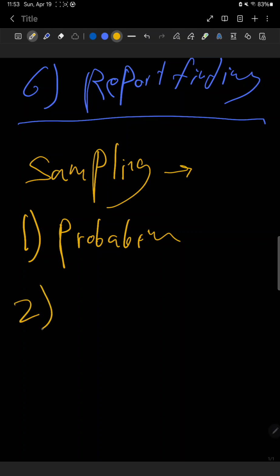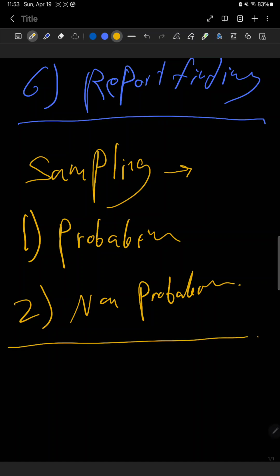And the second type of sampling is non-probability sampling. You choose samples based on convenience, judgment, but it's a lot less scientific this way. So it's a lot better to actually do probability sampling. You choose your samples blindly.